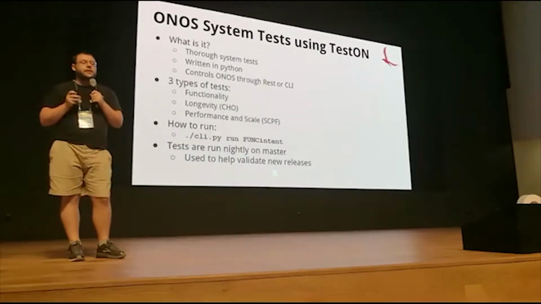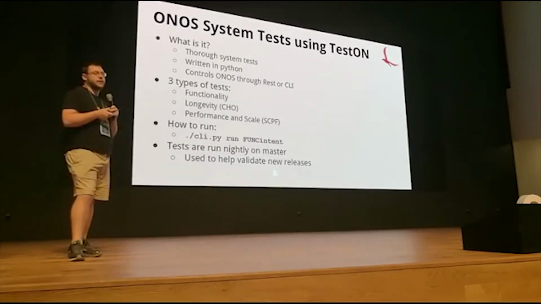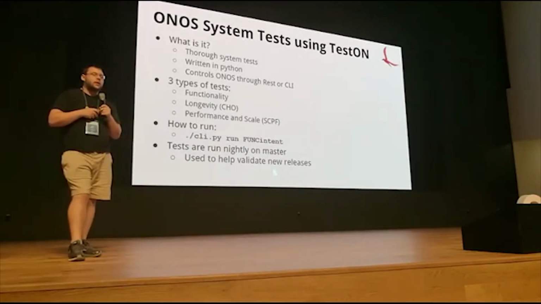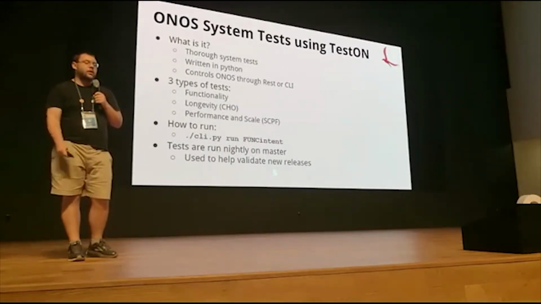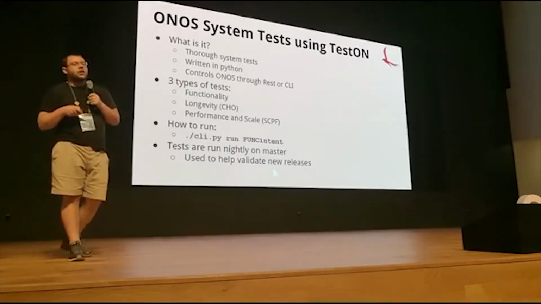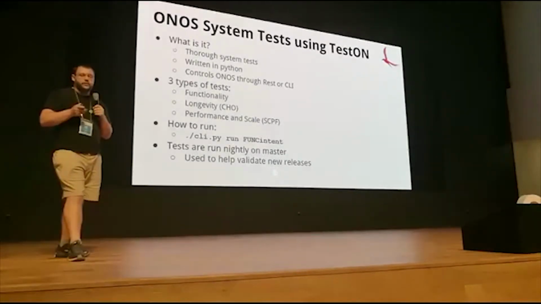We have three test suites: a functionality type of test, a longevity type of test, and then the performance and scale tests. If you want to run this locally, after installing TestON, you can run cli.py run and then the name of the test. These tests are run nightly in the lab, and they're used to help verify and validate new releases.